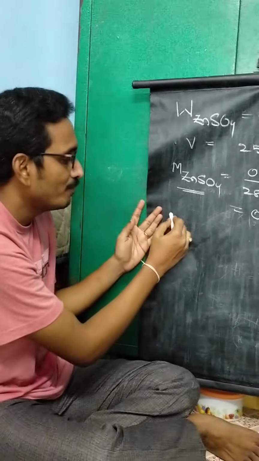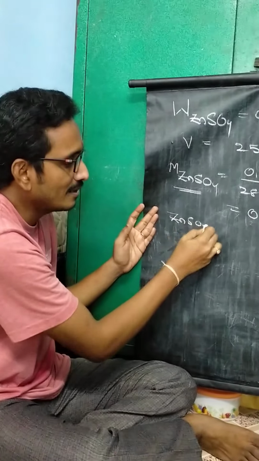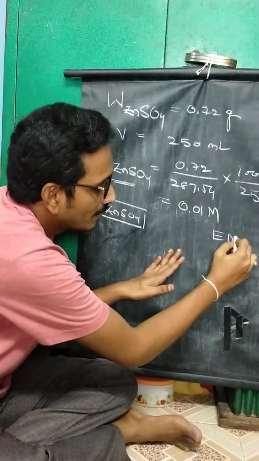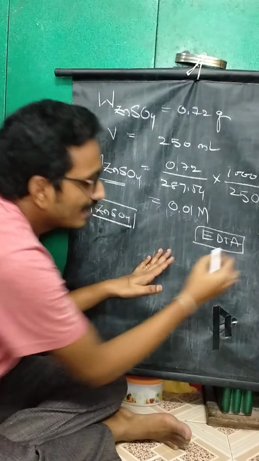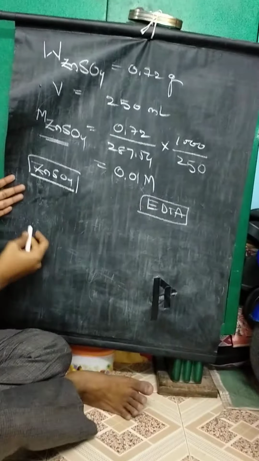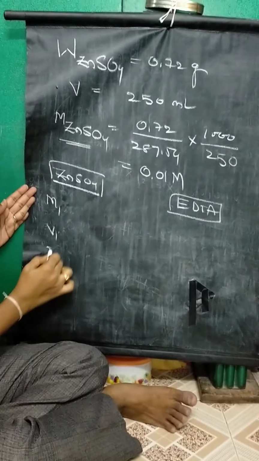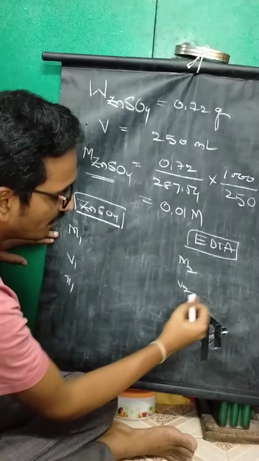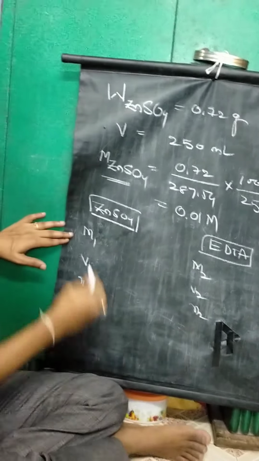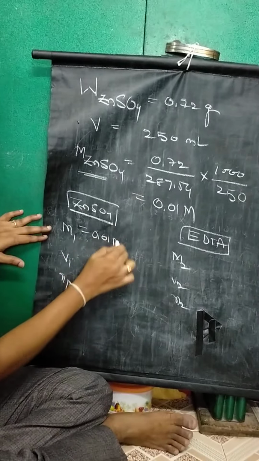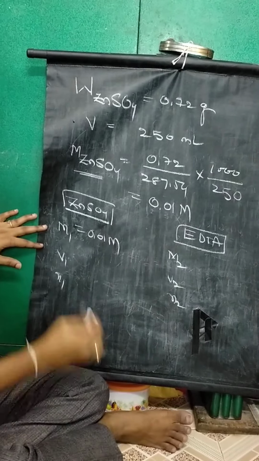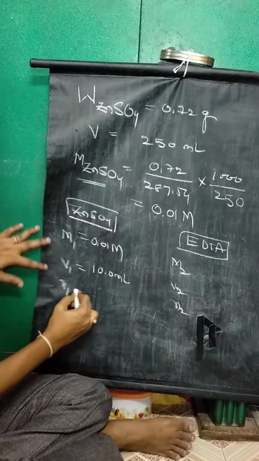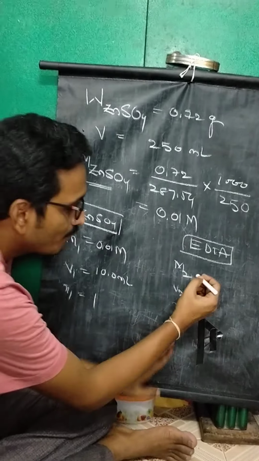Now it was given, you have taken two solutions. One is zinc sulfate, the other is EDTA. When you get such, we have M1, V1, N1 and here M2, V2, N2. M1 from step 1 we got as 0.01 molar. From the problem, V1 is 10 ml, and the number of moles N1 is equal to 1.